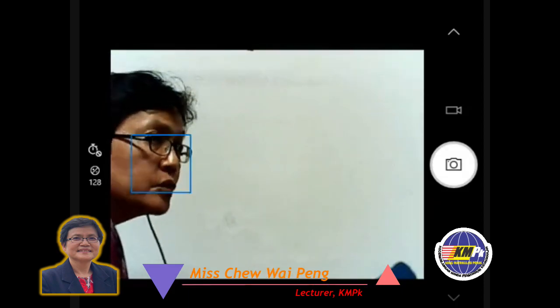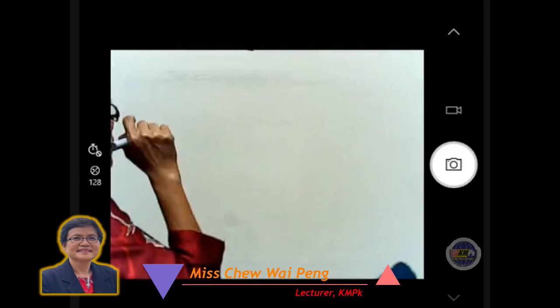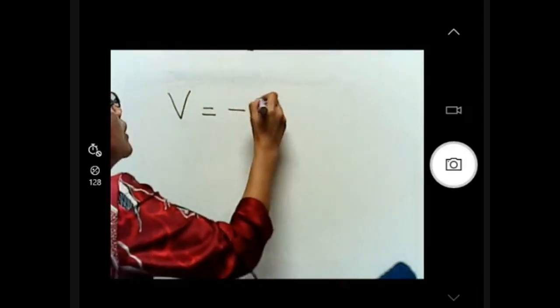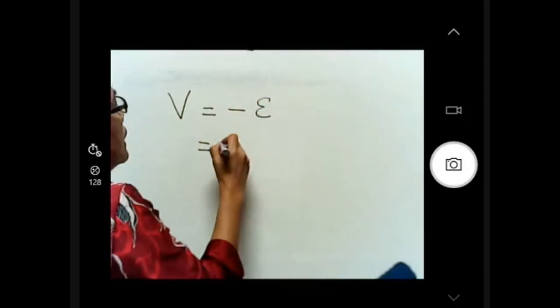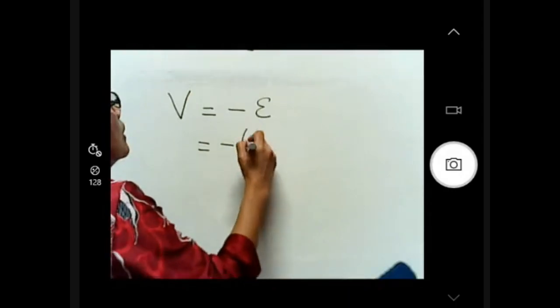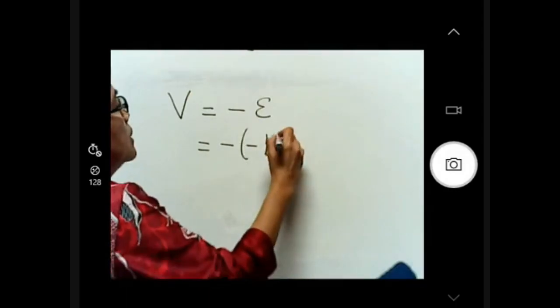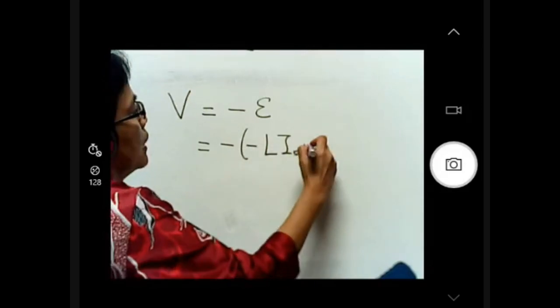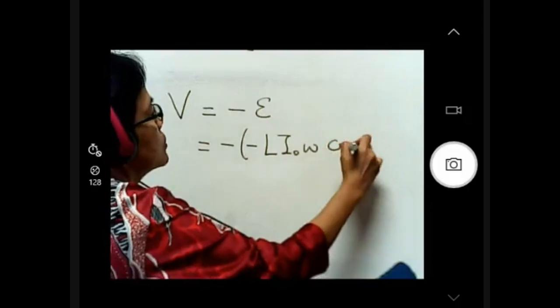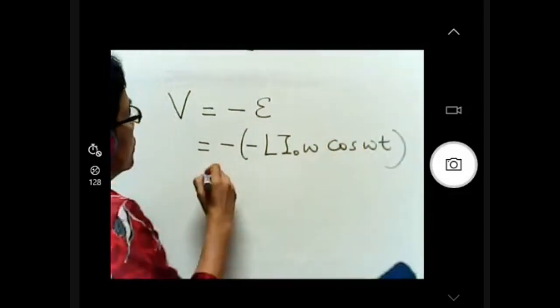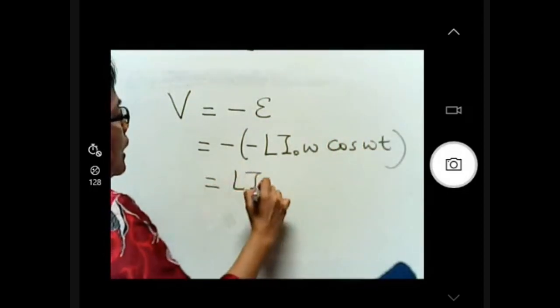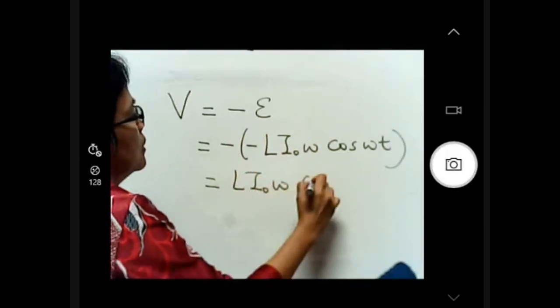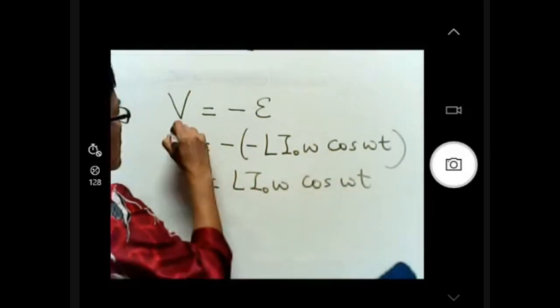So the voltage across the inductor equals negative induced EMF, so equals negative, L I naught, inductance multiplied by peak current multiplied by angular frequency, cos omega t. So we get L I naught omega cos omega t.